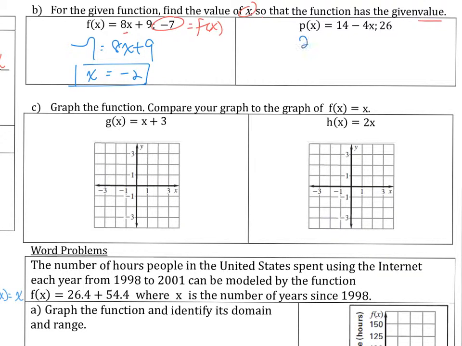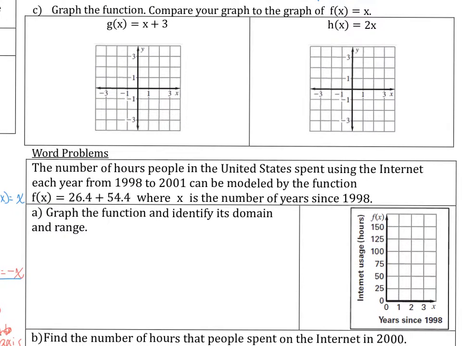Then again, 26 equals 14 minus 4x. Equals negative 3.